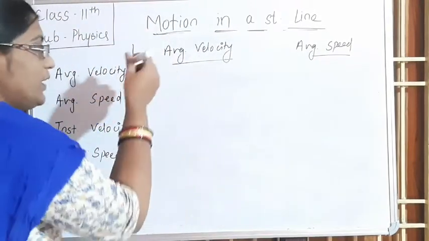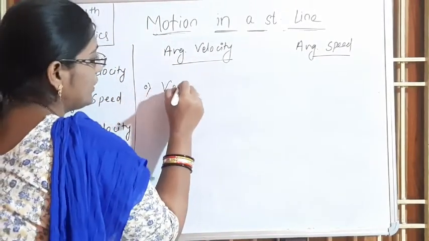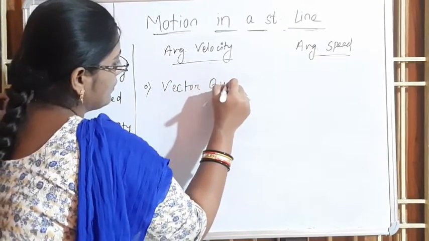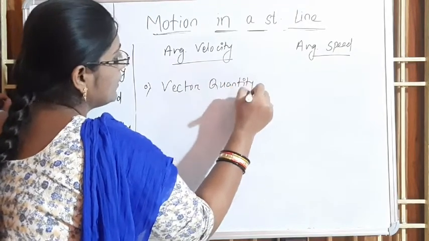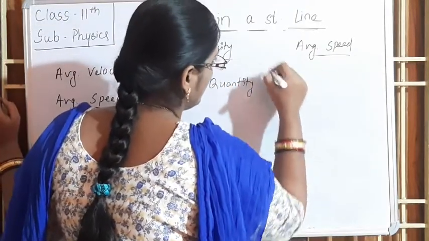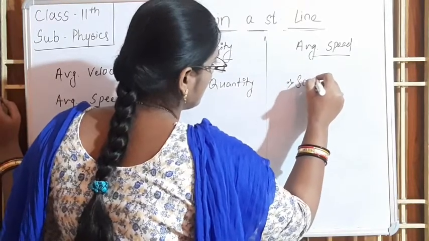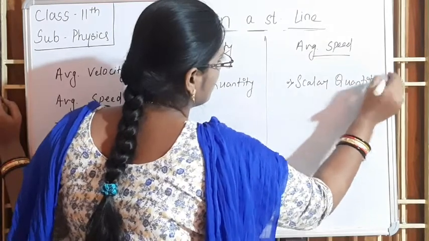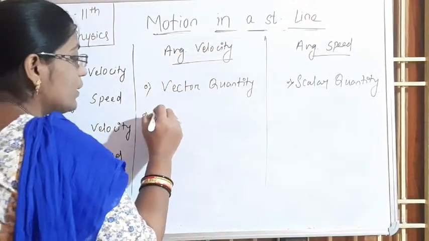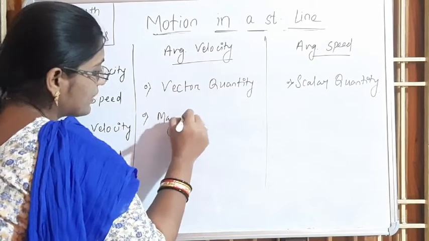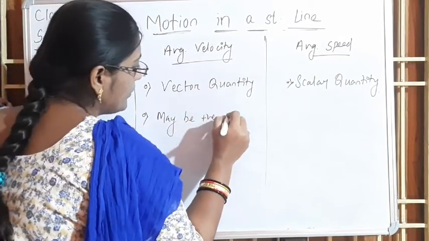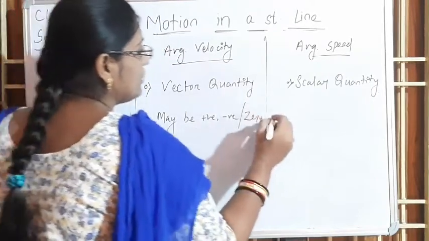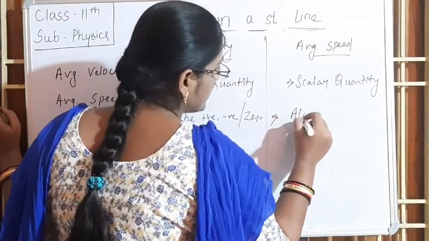See, the main difference is that average velocity is a vector quantity, whereas average speed is a scalar quantity. And average velocity may be positive, may be negative, or may be zero, whereas average speed is always positive.